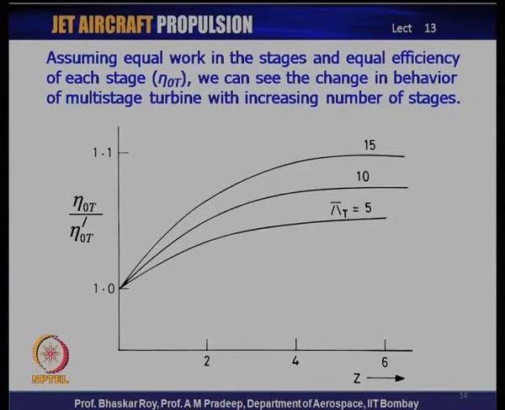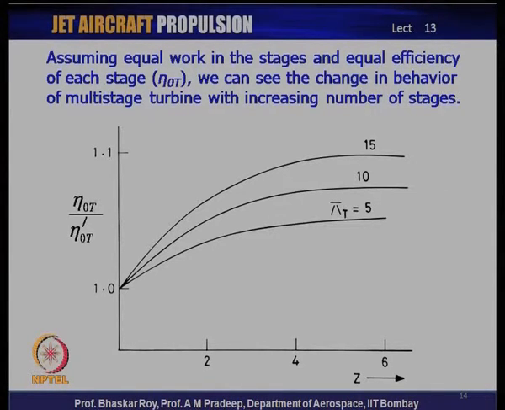If you now take into account the fact that we have equal work in the stages and equal efficiency of each stage of a multi-stage turbine, as you know, most of the turbines in a jet engine are multi-stage turbines, we can see that with an increasing number of stages, the efficiency corresponding to the ideal efficiency, you start from 1, and as you keep on increasing the number of stages, the efficiency goes up.